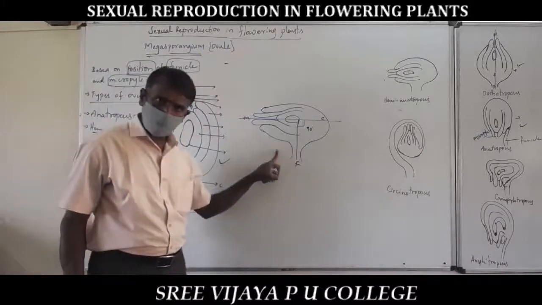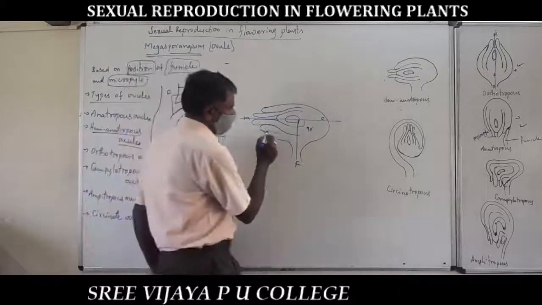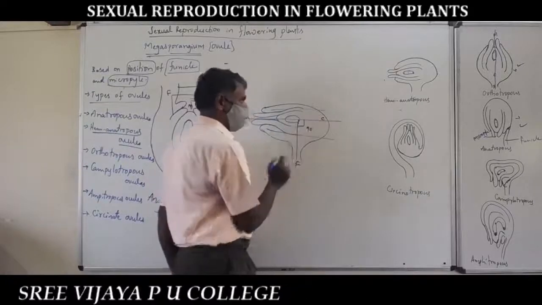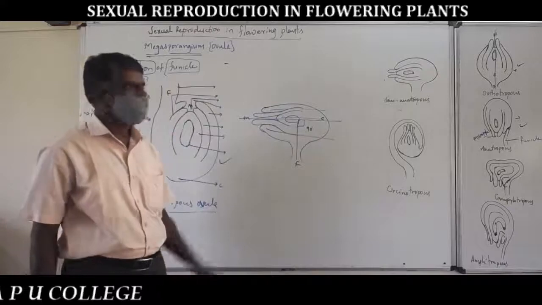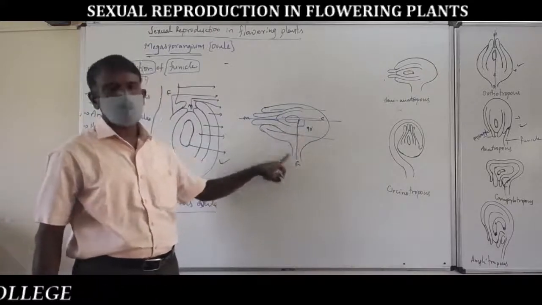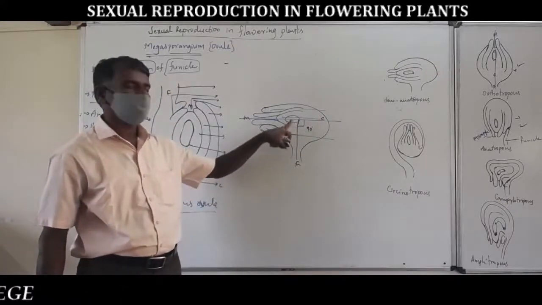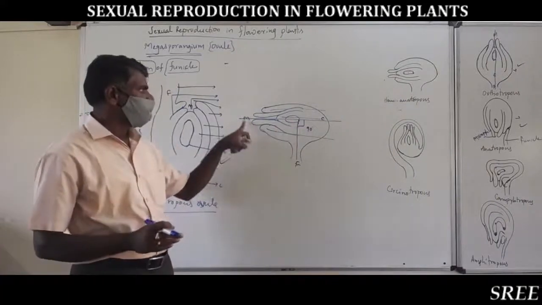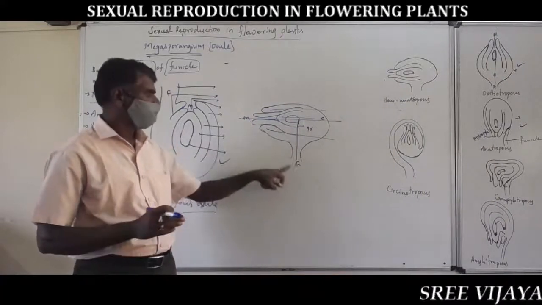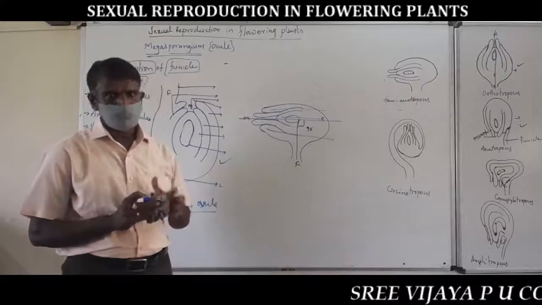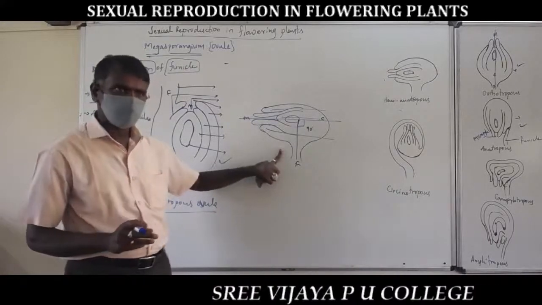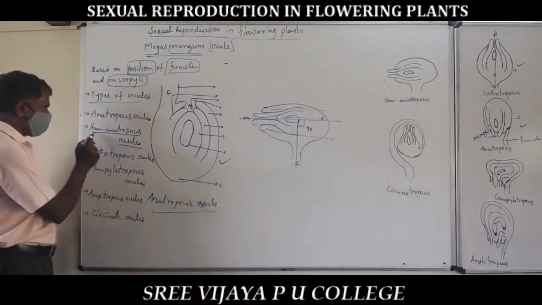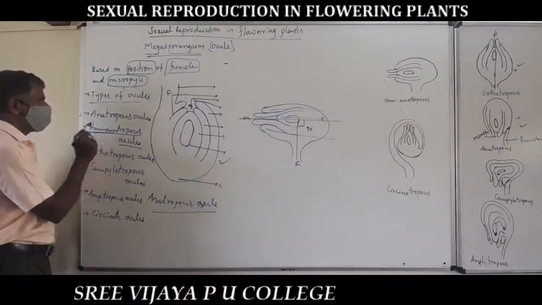So the funicle is at a right angle to the axis of the embryo sac, and the position is a little far from funicle to micropyle. This type of ovule is called the hemi-anatropous ovule.